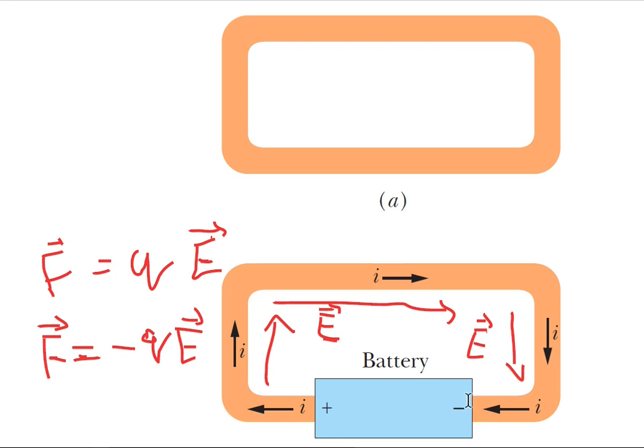So the negative charges, which we call electrons, will be moving in this way, opposite to the direction of the electric field. So electrons are moving from right to left and positive charges are moving from left to right in the direction of the electric field.